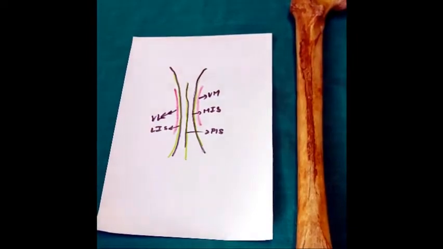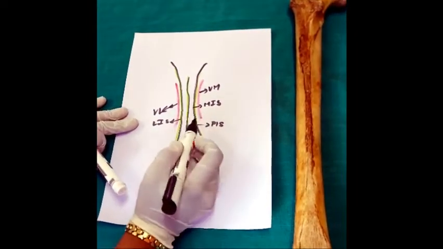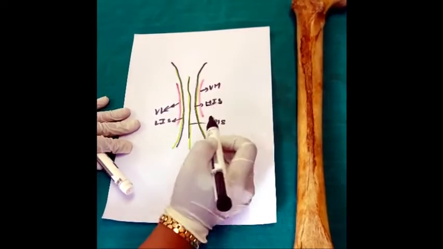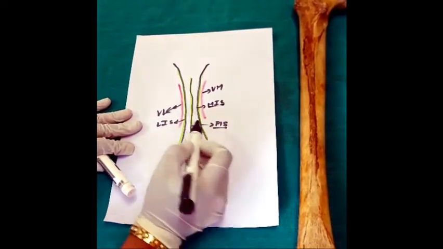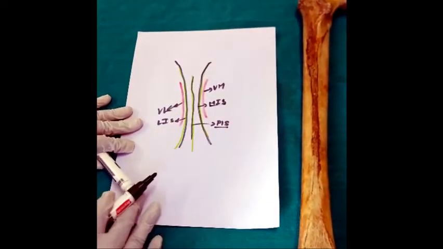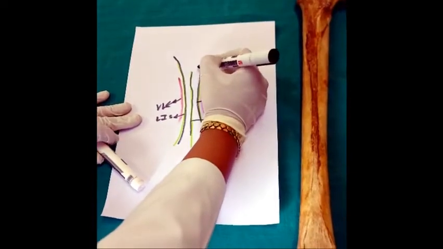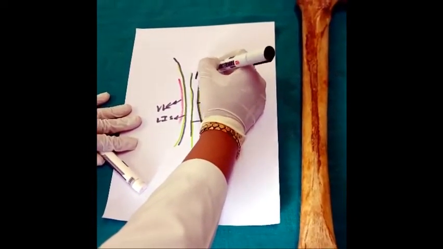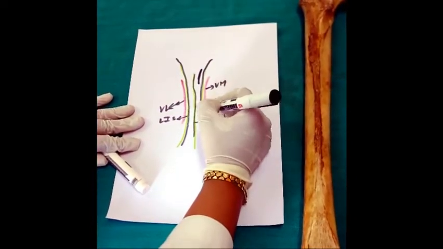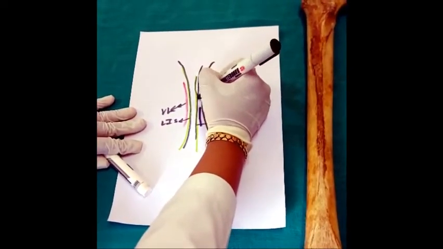Now we will see the muscles of the medial compartment, the gap between the medial intermuscular septum and the posterior intermuscular septum. This area is the medial compartment, which contains adductor muscles. Adductor brevis is in the upper part, adductor longus in the lower part, and adductor magnus all through its length.